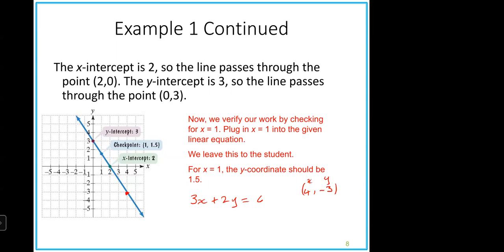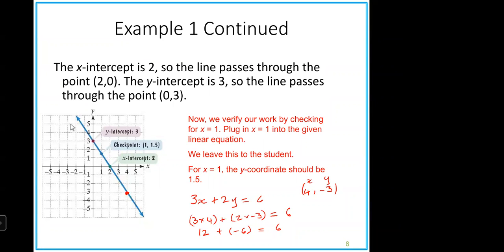If you put 3 times 4 plus 2 times -3, you should get 6. 3 fours are 12. And then 2 times -3 is -6. And 12 plus -6 does give you 6. So it means our line is correct.